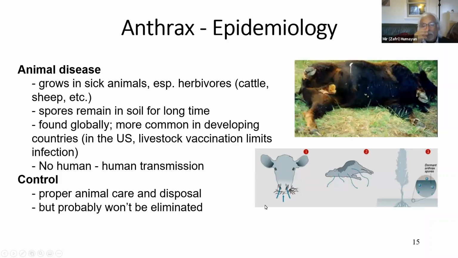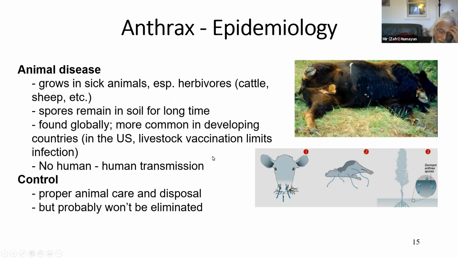Okay. The epidemiology of anthrax is as follows. It is basically an animal disease that occasionally intrudes into the human population. It typically grows in sick animals, especially herbivores such as cattle, sheep, etc. The spores produced by the organism remain in the soil for a very long time. The disease is distributed globally, but it's much more common in developing countries.